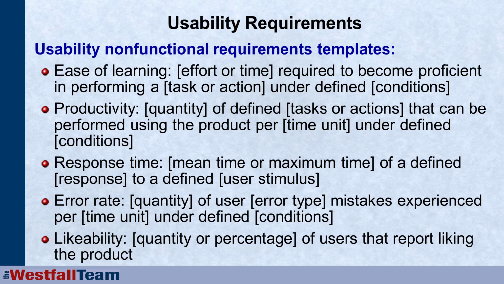And this may assume certain things about the person that's using it. For example, are they even literate, or at what level of literacy are we expecting our users to be? And you may want to define that.